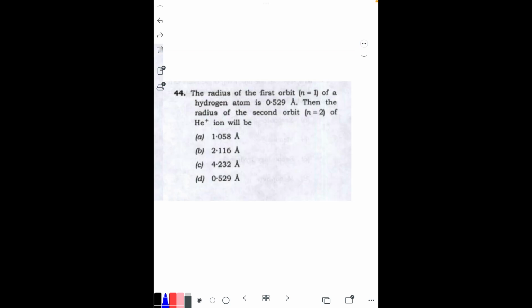Number 44. The radius of the first orbit, n equal to 1, of a hydrogen atom is 0.529 angstrom. Then the radius of the second orbit, that is n equal to 2, of He plus ion, will be. So the radius of the nth Bohr's orbit is equal to 0.529 into n square by Z angstrom.